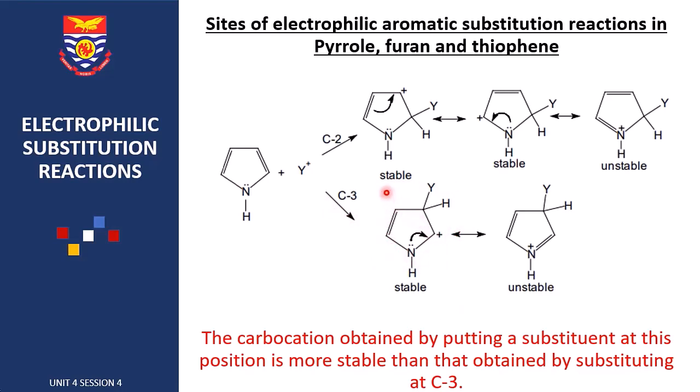This carbocation is stable, and this one is stable, but where the positive charge is on the nitrogen is less stable, right? So we have two stable intermediates formed at carbon number 2, whilst we have just one stable intermediate formed at carbon number 3. So it makes attack of the electrophile at carbon number 2 more favorable than attack at carbon number 3.